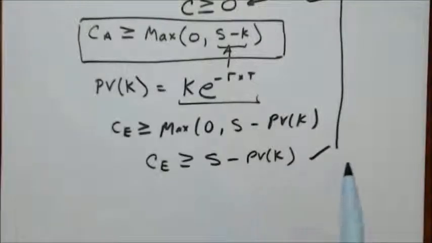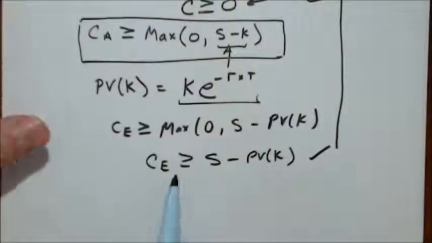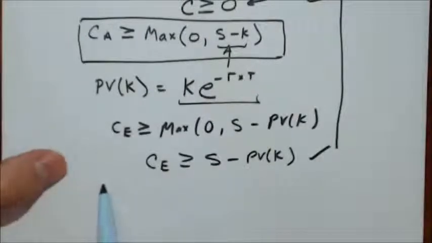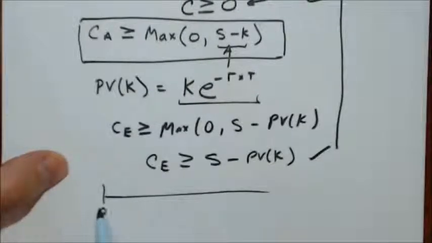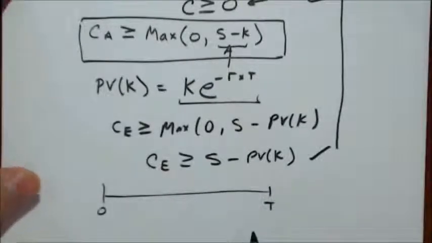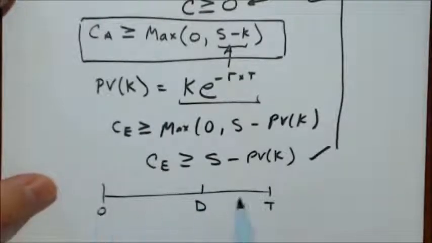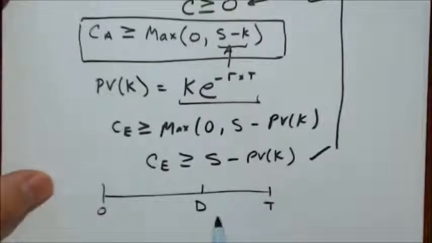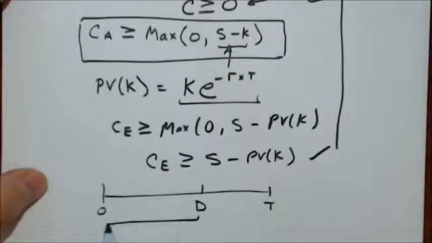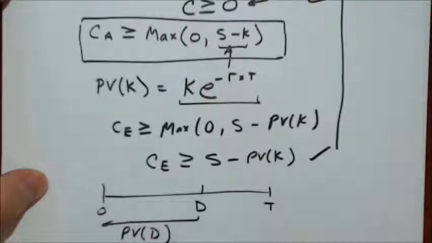Now, in the same thought, when you have an option and you're looking at time 0, and the option expires at time T, a stock may pay a dividend between now and the expiration of the option, in which case we need to consider the present value of the dividend today.